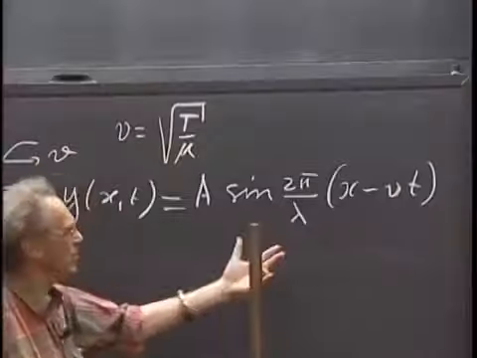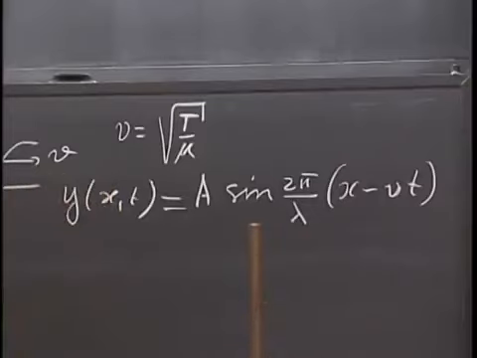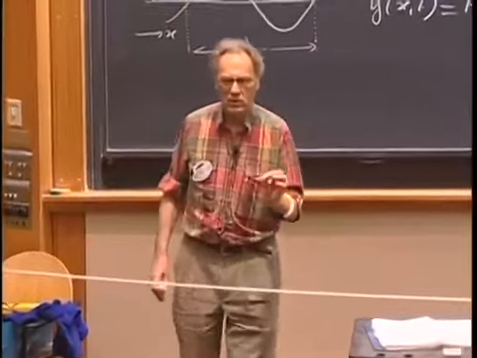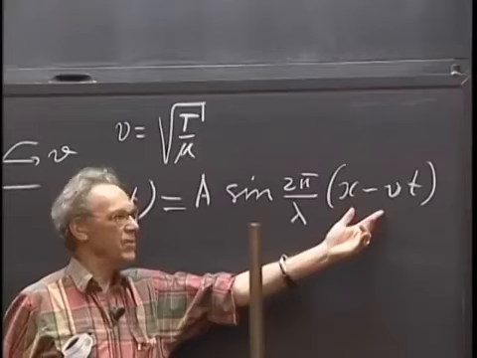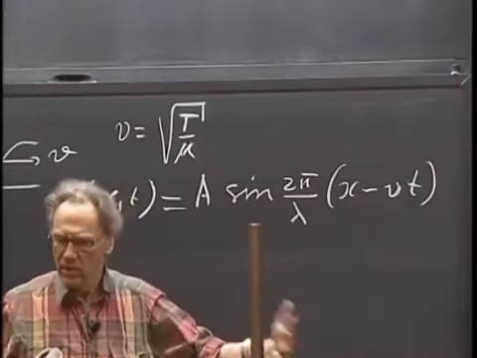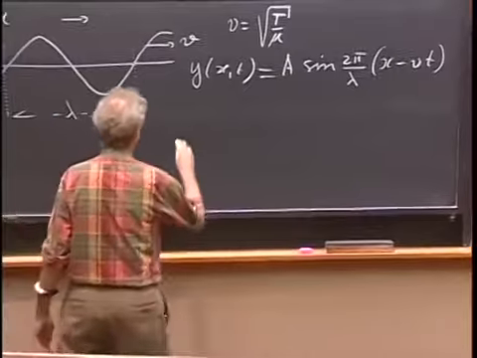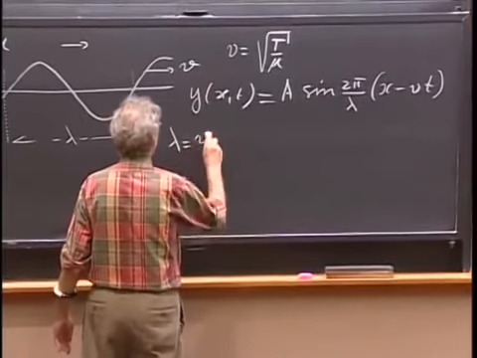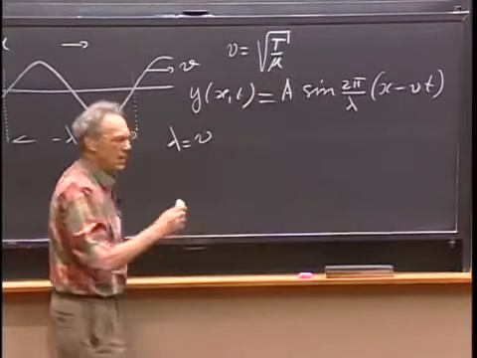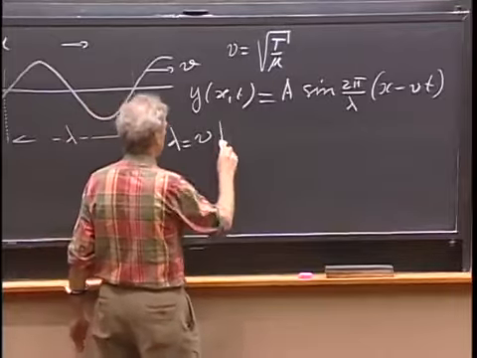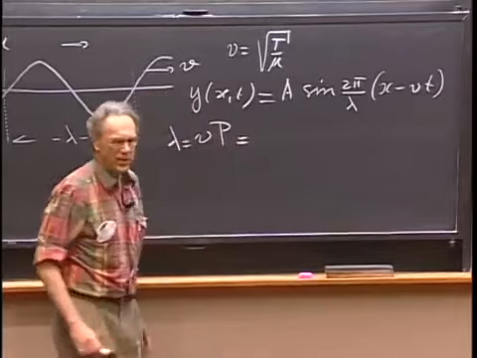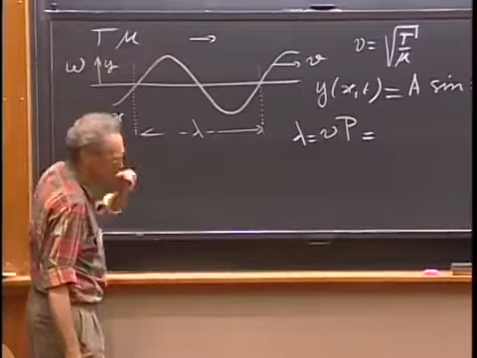Clearly, this must be a solution to the wave equation, because any single-valued function, I told you, which is a function of x minus vt, satisfies the wave equation. And so this one does too. Now lambda is v, which is this v, times the period of one oscillation, for which I will write a P today, not a T, because I don't want to confuse you.